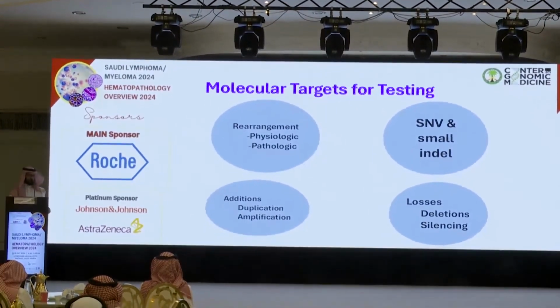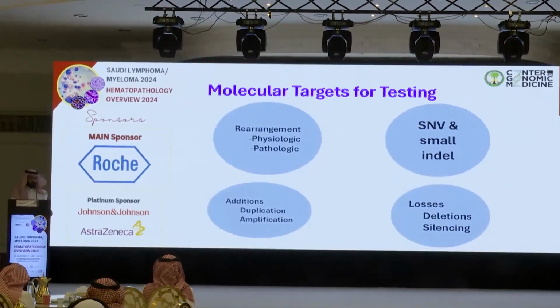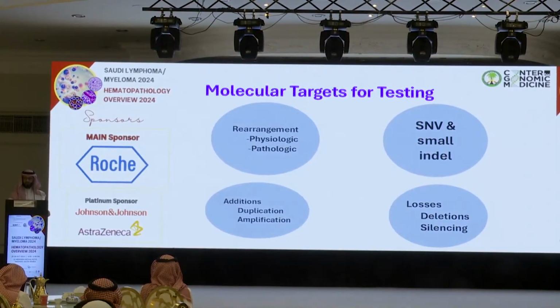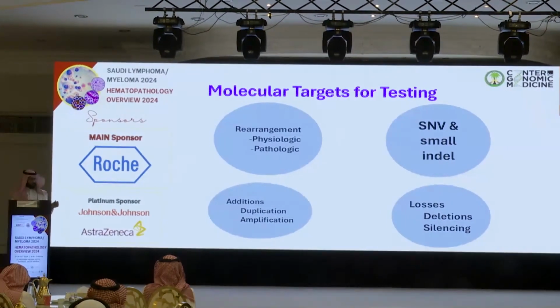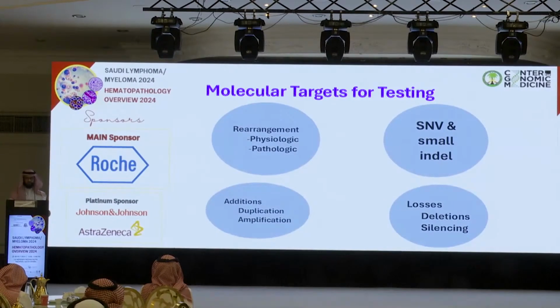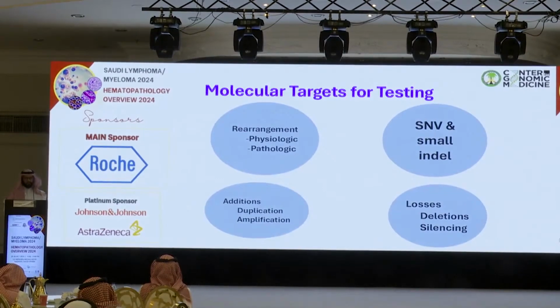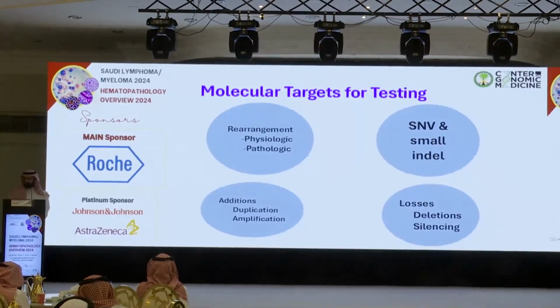The same thing with mutations. It could be small deletion or insertion. It could be single nucleotide variants. It could be small deletion or silencing. It could be duplication, amplification. So all of these changes, as copy number, as mutation, as insertion or deletion, can be detected using different methods.